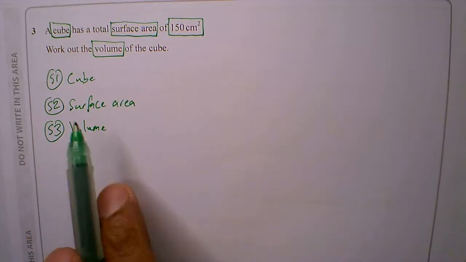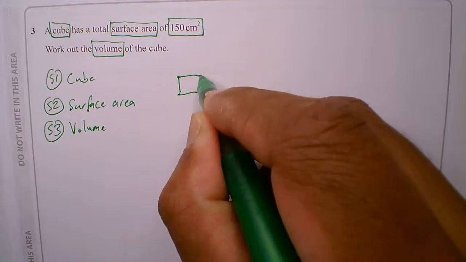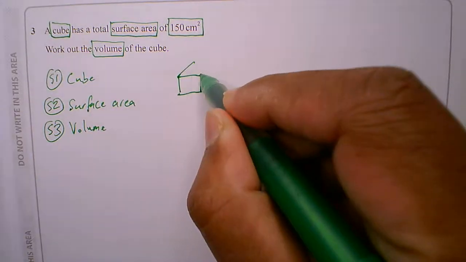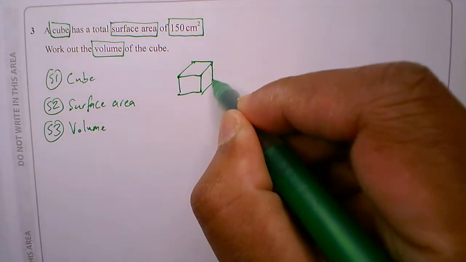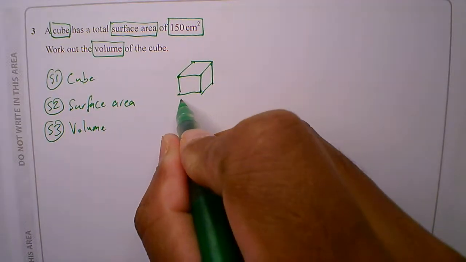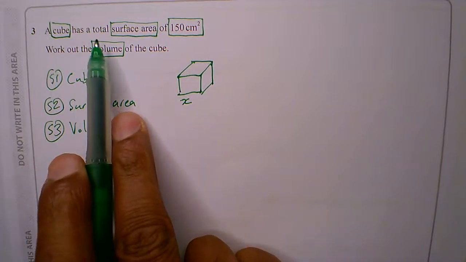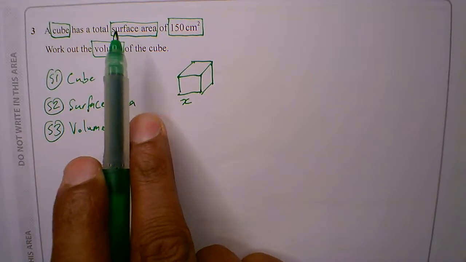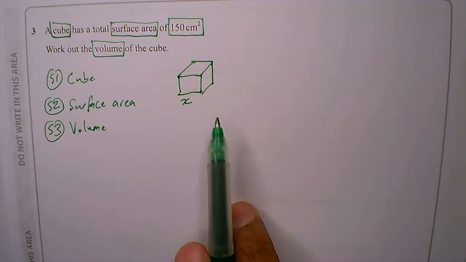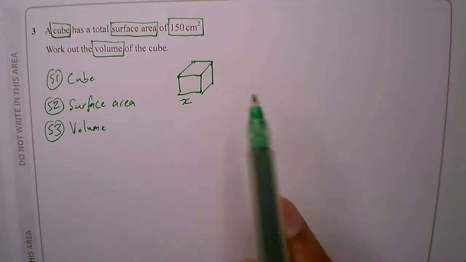Okay, so let me imagine what a cube is. A cube has all the sides the same. Let's call it x, since I don't know what it is. Now let me think about the surface area. Surface area is all of the faces. So how many faces are there?